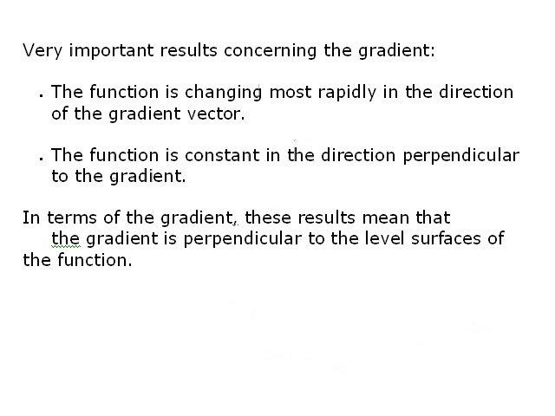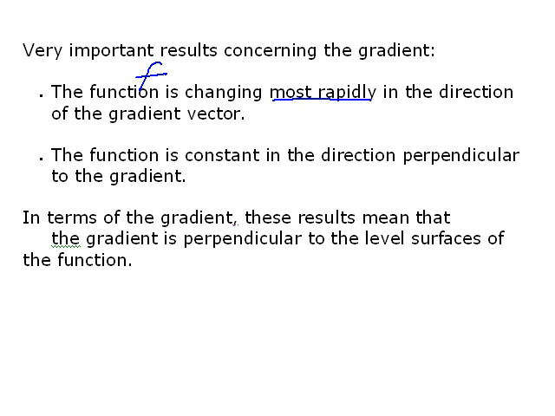There are some very important results concerning the gradient. The function, that means the underlying function f, is changing most rapidly in the direction of the gradient and also in the direction opposed, the direction 180 degrees from the gradient. It is increasing most rapidly in the direction of the gradient.